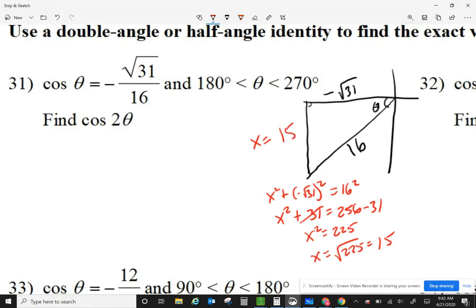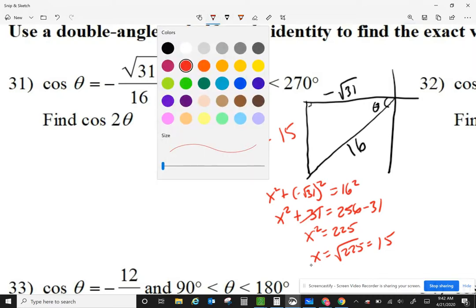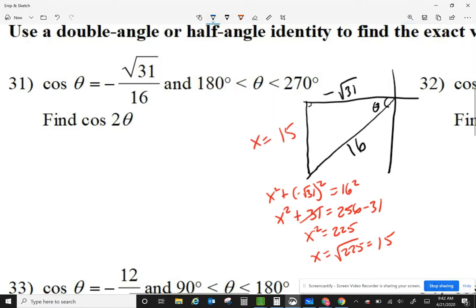I know all my three sides. Now, why do I need all three sides? Because from the formulas that I have for cosine of 2 theta, the one that I'm going to use is cosine squared theta minus sine squared theta. From the formulas that I have, that's the one that I want to use.